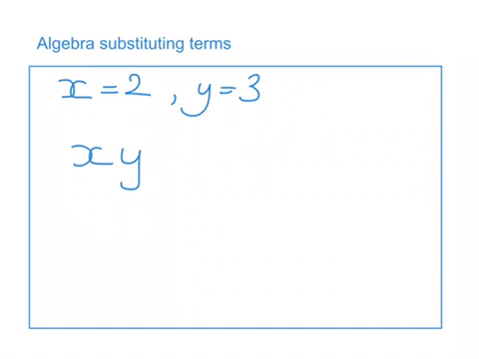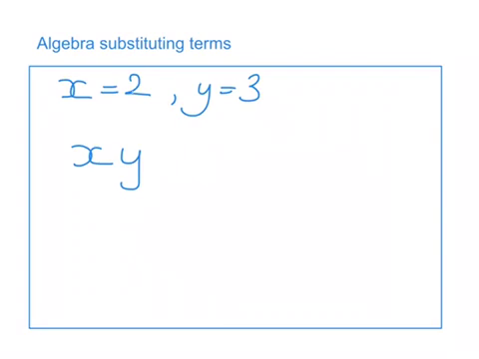Here I've got another example. Again, I'm going to be substituting the terms. I've been told that x is equal to 2 and y is equal to 3, and I've been given an expression xy. I must remember in algebra, when I've got 2 terms written next to each other, that means they are multiplied together.